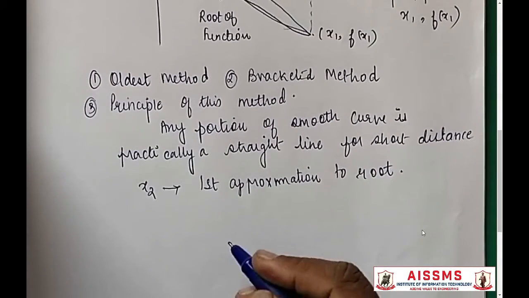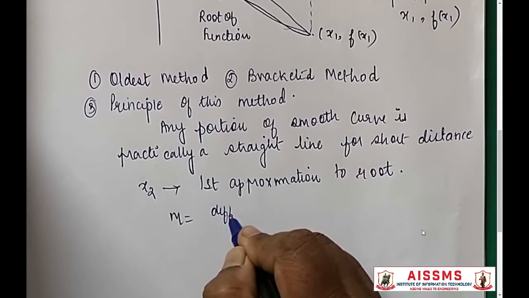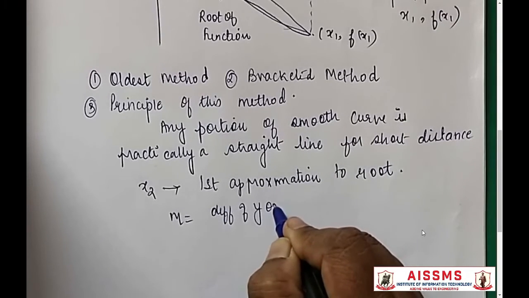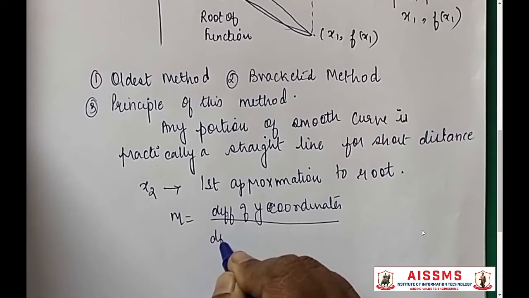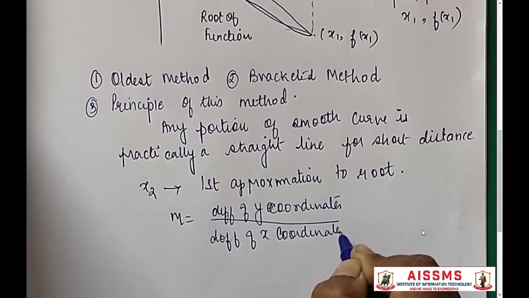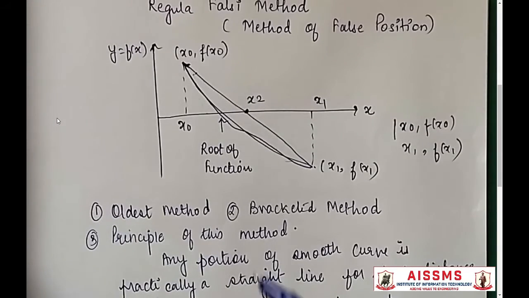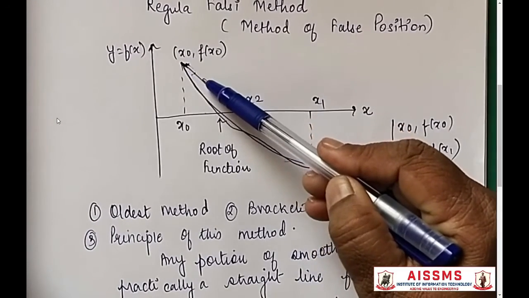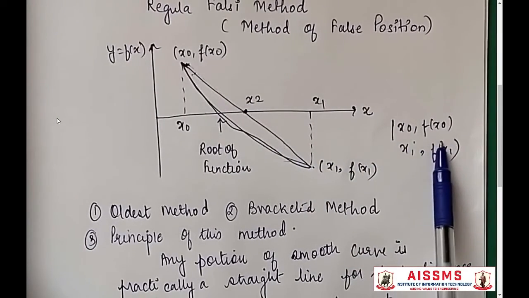Now, to find the slope of the line, we have studied that the slope of the line is given as difference of y coordinates upon difference of x coordinates. So we will be writing the slope for the line which we have drawn, taking the coordinates x0, f of x0 and x1, f of x1.